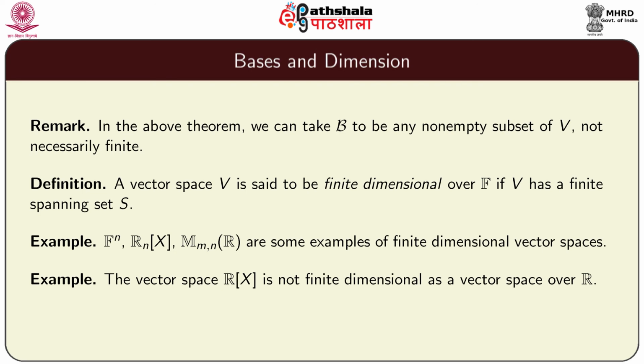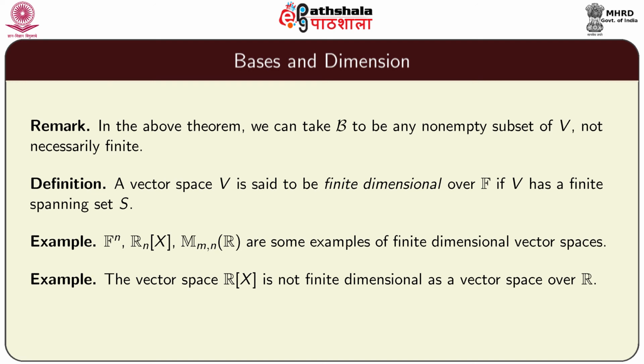Why is that so? Well, it is easy to argue. Suppose that there is a finite spanning set, and let us call that set f1, f2 and so on fn. So, what are these f1, f2, fn's? They are polynomials with real coefficients.